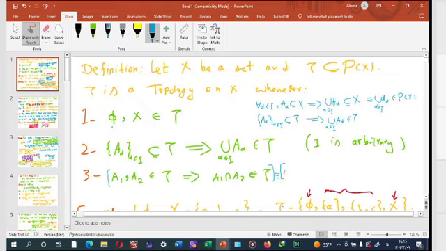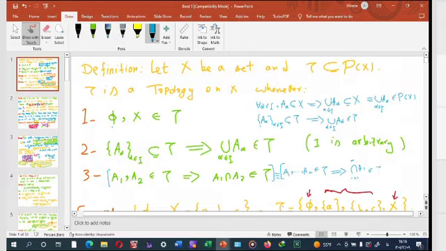For any finite elements in tau, the intersection of A_i, i from 1 up to n, belongs to tau.